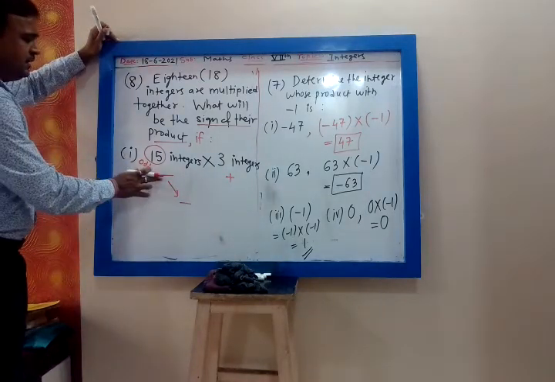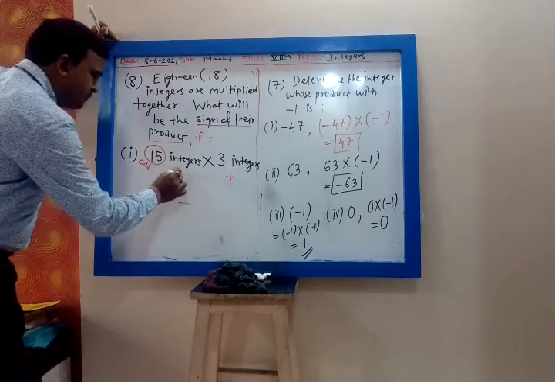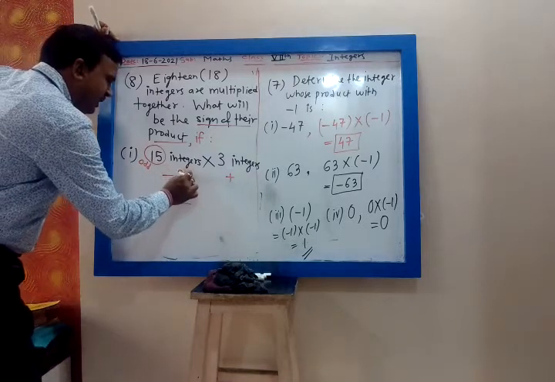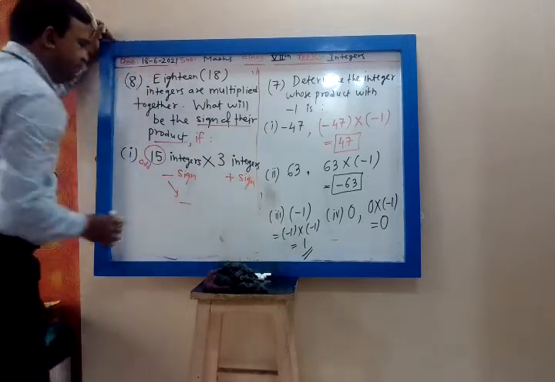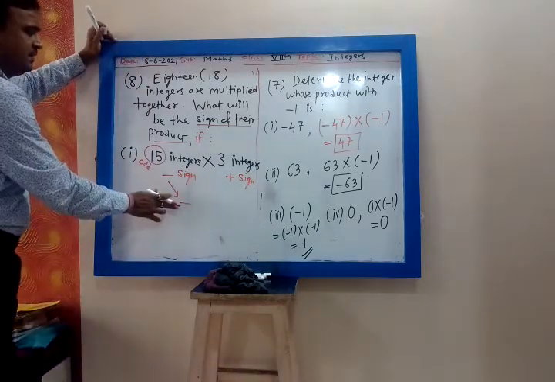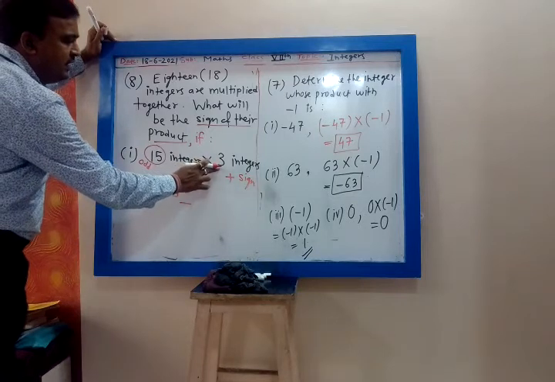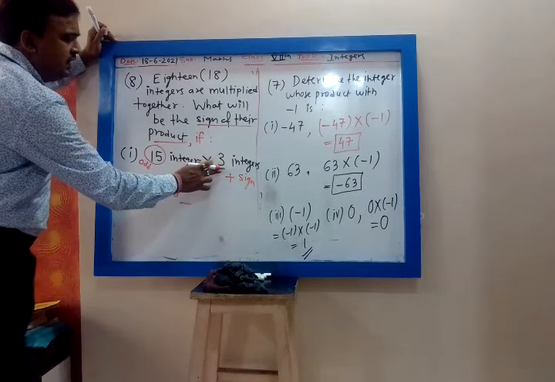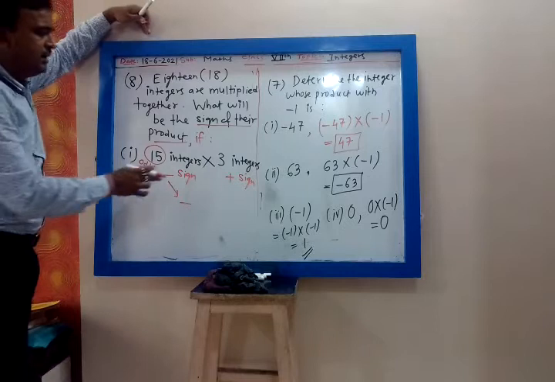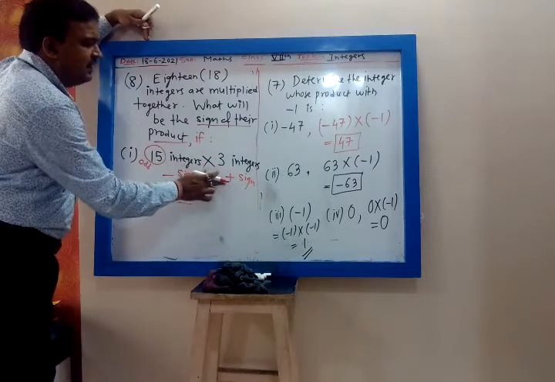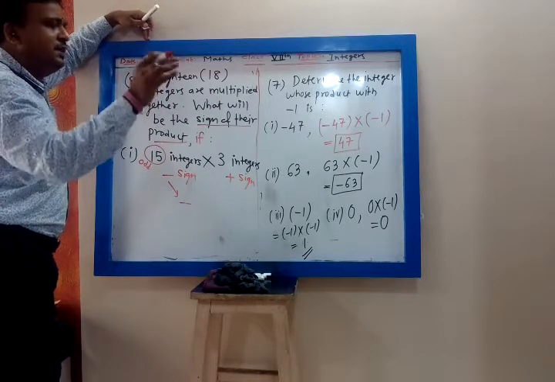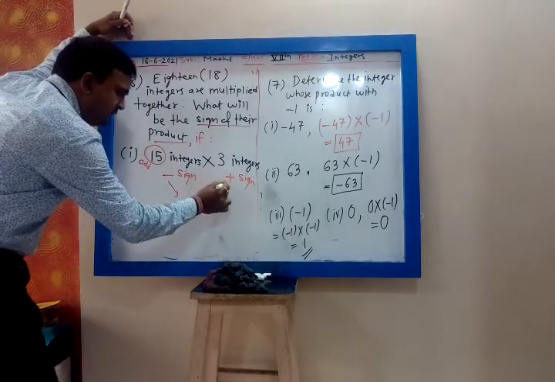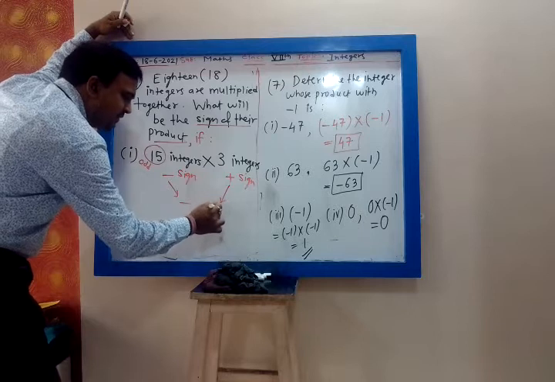We are multiplying the minus sign 15 times, so the result will be minus. And the 3 integers have plus sign: plus into plus into plus. When all are plus, the result will be plus.